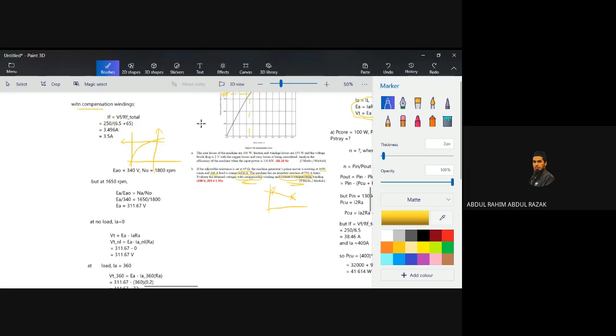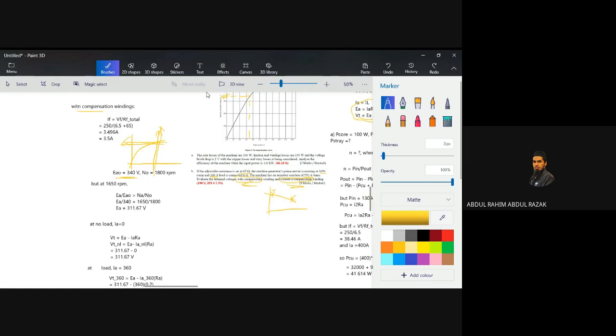Then that field current we probe to the curve. We can see that it produces a generated voltage of 340 volt. So this is the curve we use.